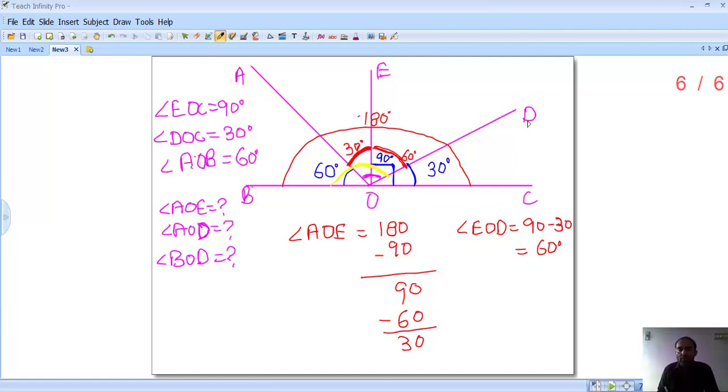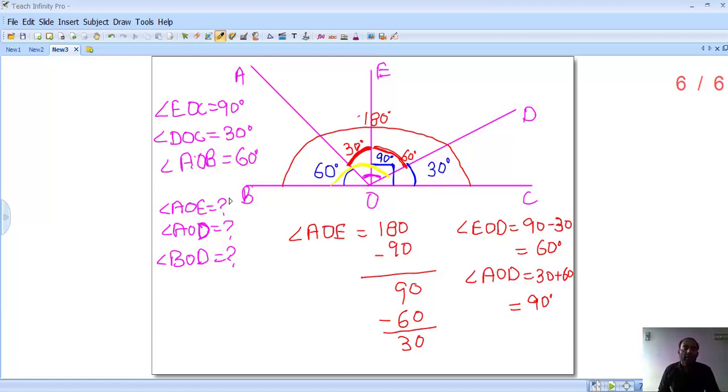Angle AOD is the combination of 30 and 60. Now add 30 plus 60, 90. Simple. You find out angle AOD.